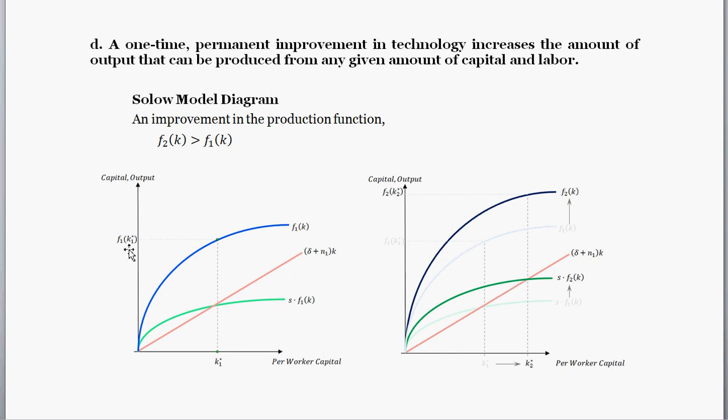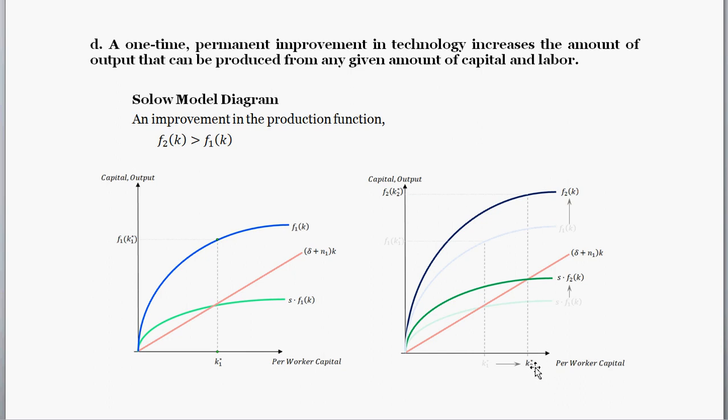So before you had output per worker of this f sub 1 of k star, given that initial lower level of capital per worker. We now have a higher intersection, right? The break-even investment line intersects our investment line at this higher level.